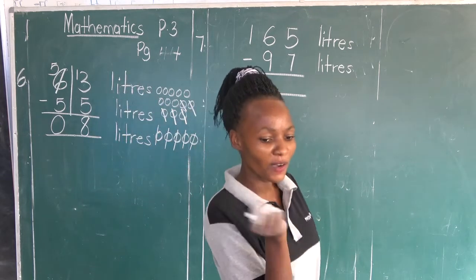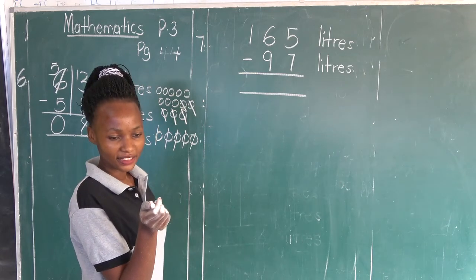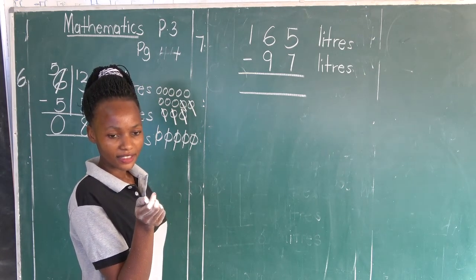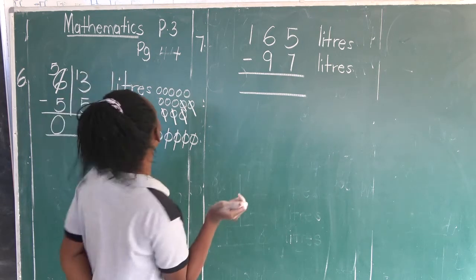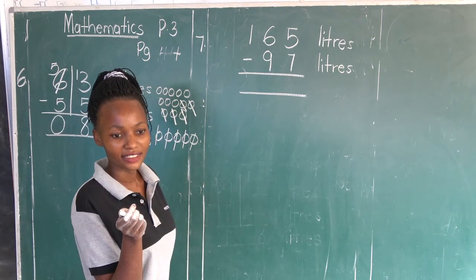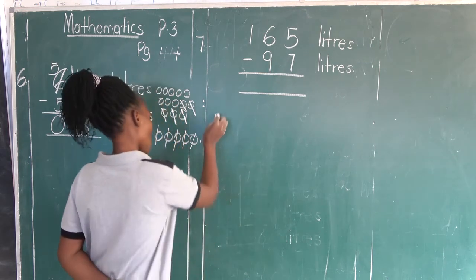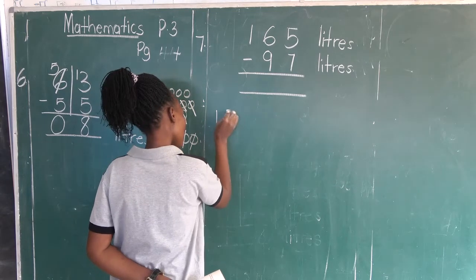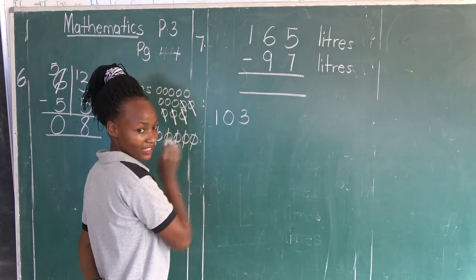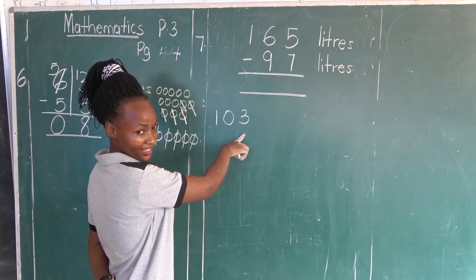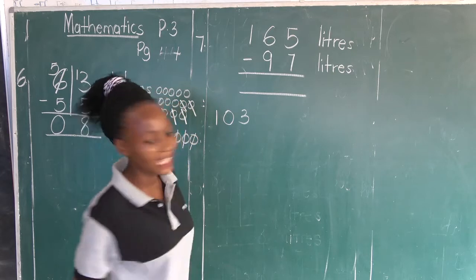Okay, Asio, what have you got? Which answer? 103. 103. Like that. This answer, Bella? Okay.